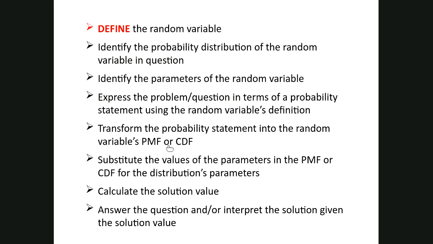And in this case, we're going to use the Z transformation, so that we can apply the cumulative distribution function, substitute the parameters, calculate the solution value, which you can do on the calculator or look up in the table, and then we're going to answer the question. So let's dive into one problem with two different questions.